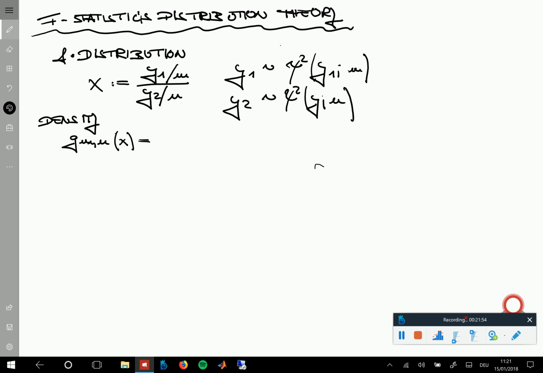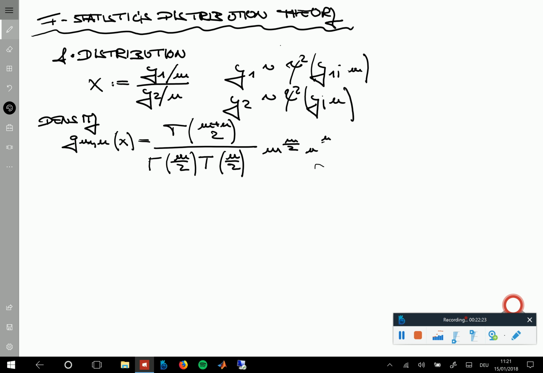It involves again the gamma function and has this normalizing component. So this is again a density function that you don't have to memorize. You only need to memorize the normal density function, but I'm just writing it down so that you know that it's there.